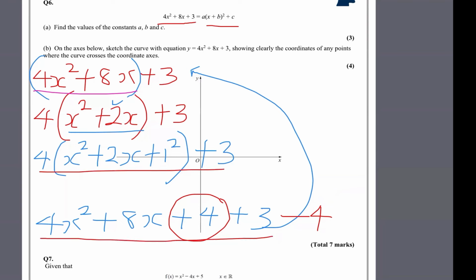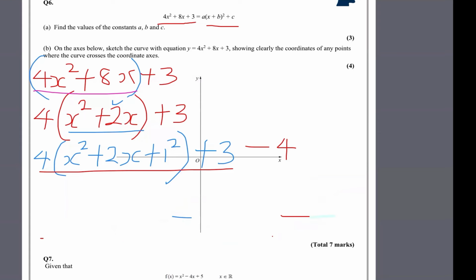So just have our minus 4, and that way, what we have over here is now the same as the original question. So nothing has been done. Our question is still intact, but we've just introduced one or two things that would help us to complete this square.